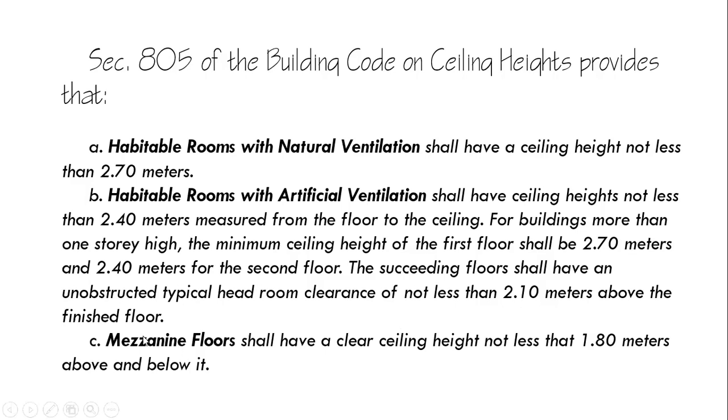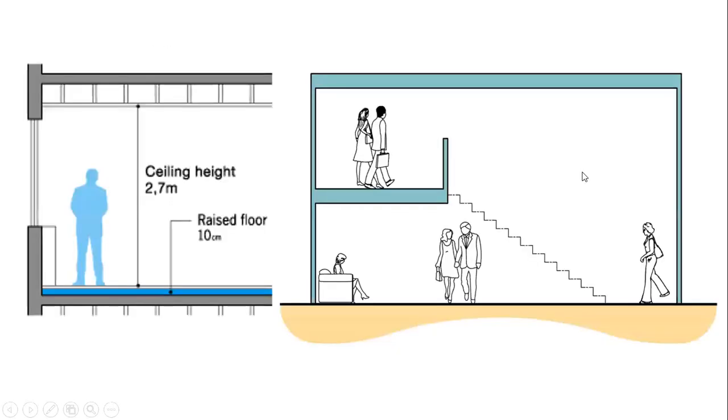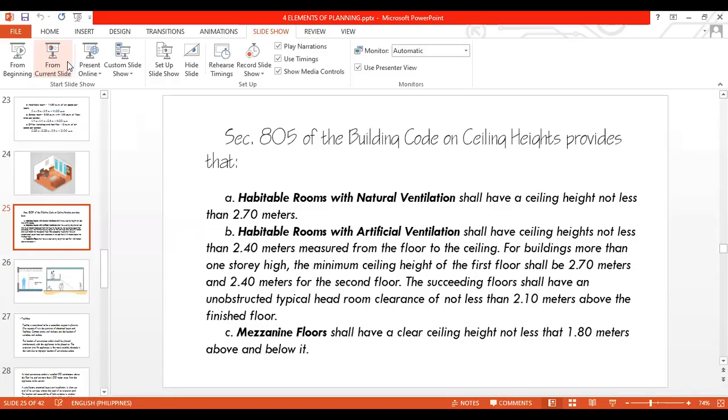For the mezzanine floors, are you familiar with the mezzanine floors? Mezzanine floors are the areas that are not a full story but only half. So there is a certain part that is more like a loft. That's what you call a mezzanine.